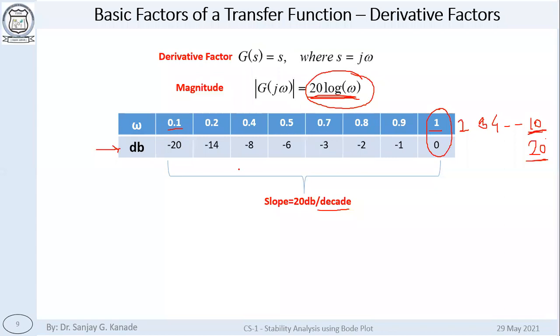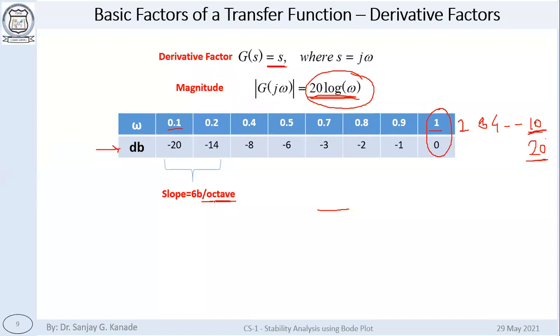So the contribution of a derivative factor, means a simple S in the numerator, is a 20 dB per decade line. And we are talking about, for the moment, the magnitude contribution.